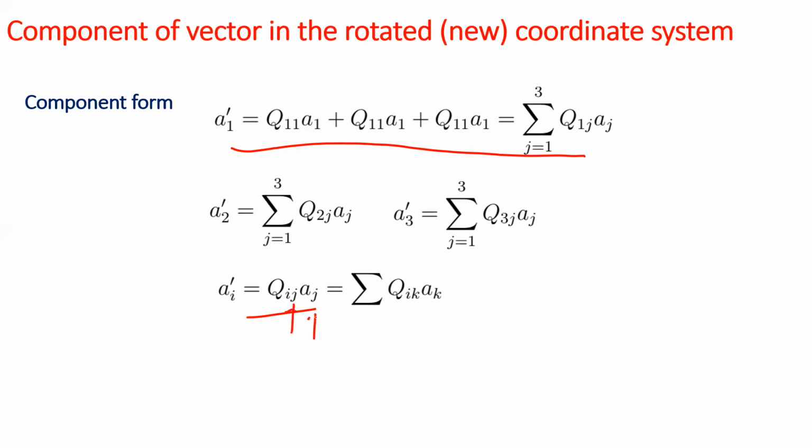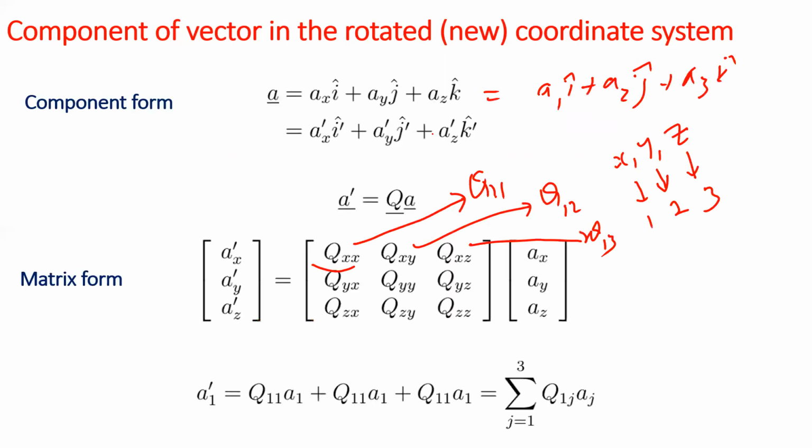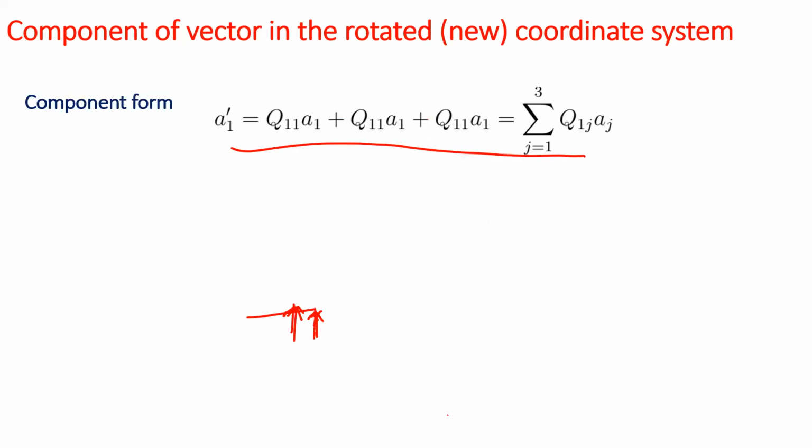Since there is a repeated index, J is a repeating index, which means the summation is over J. There's a slight typo which I have made here. So this will be Q11 A1, Q12 A2, Q13 A3. So that typo, please do take care of it. So Q11 A1, Q12 A2, Q13 A3. All right.